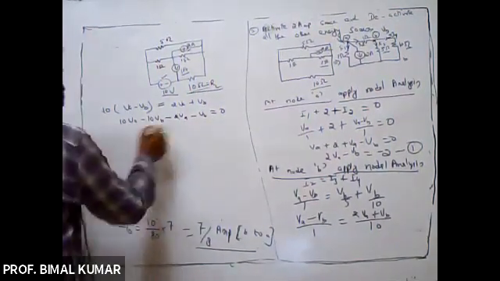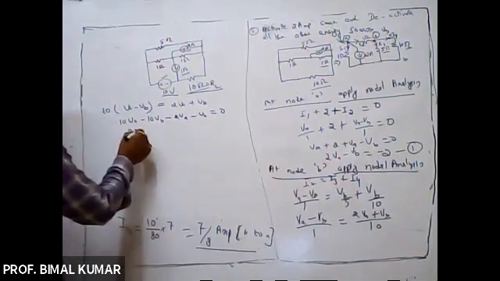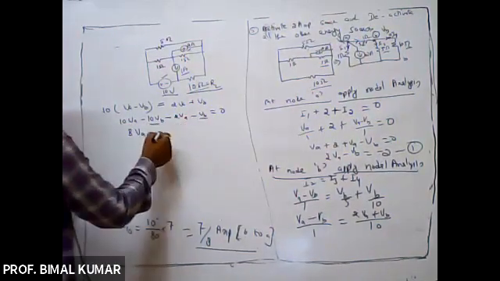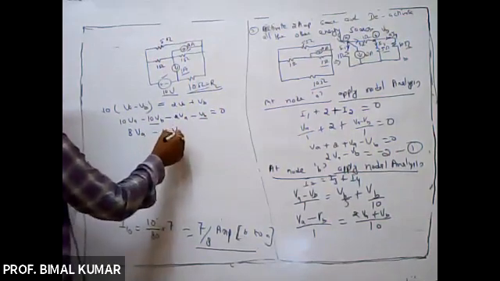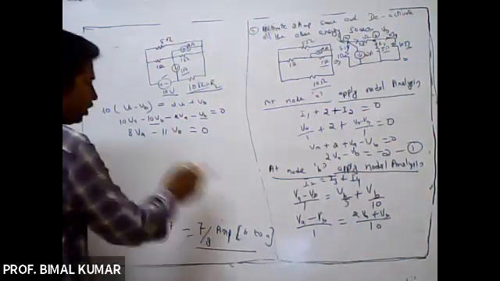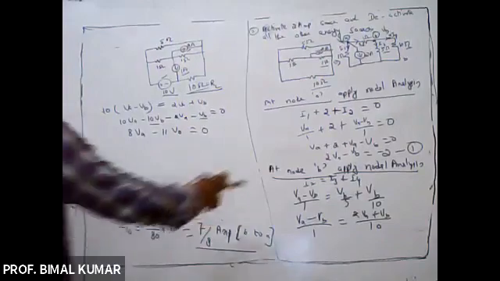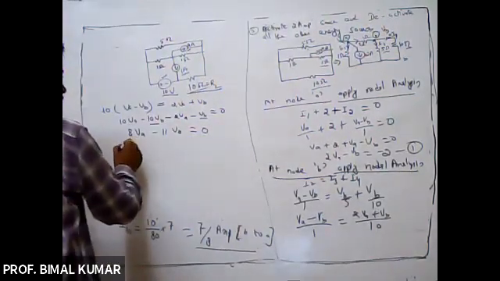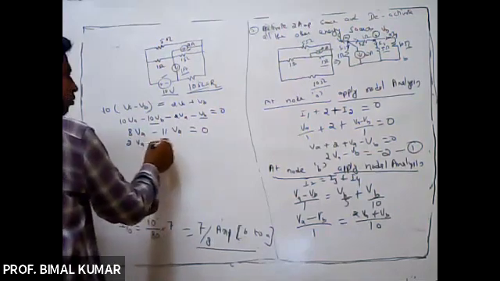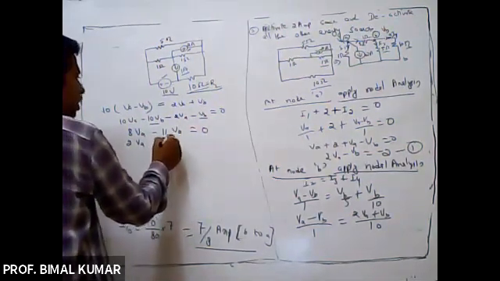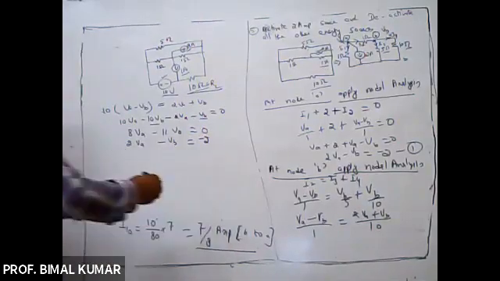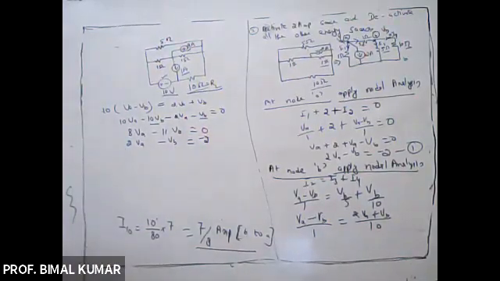So 10 VA, minus 13 VB is equal to 0. By solving these two equations, this is your equation number 1, 2 VA minus VB is equal to minus 2, you may calculate the value of VB, right?